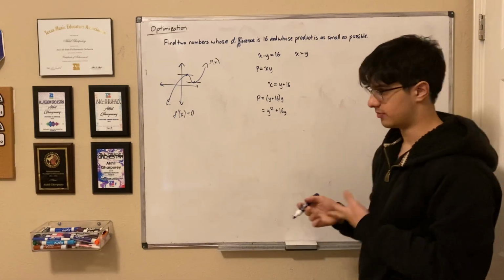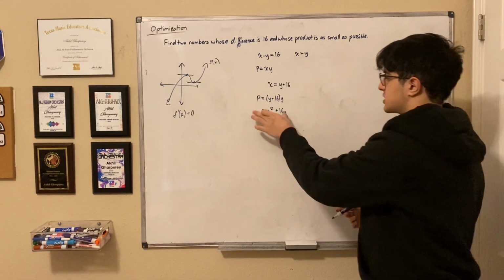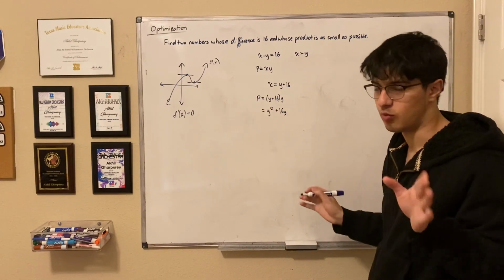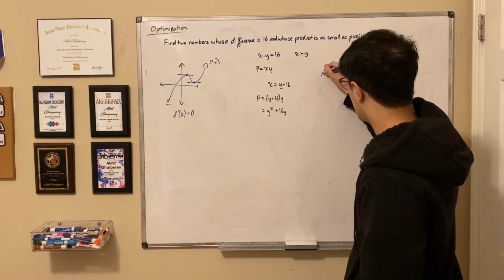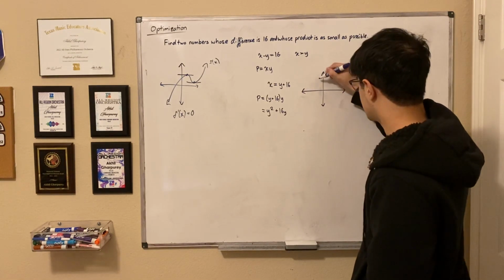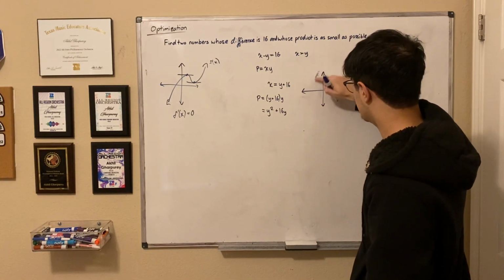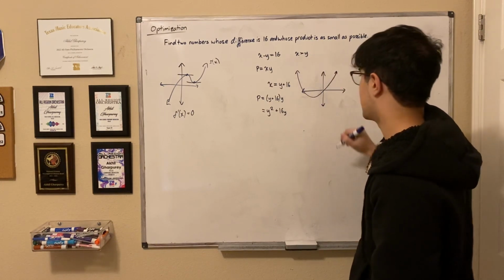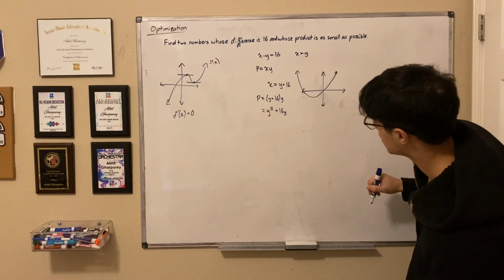Now we have this expression for p. Basically, we have p as a function of y almost. So if we were to take a look at the graph of this, it would look something like that. Obviously this is a terrible looking drawing, but it doesn't matter.